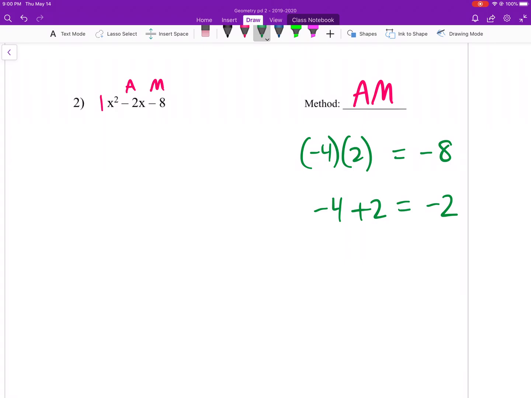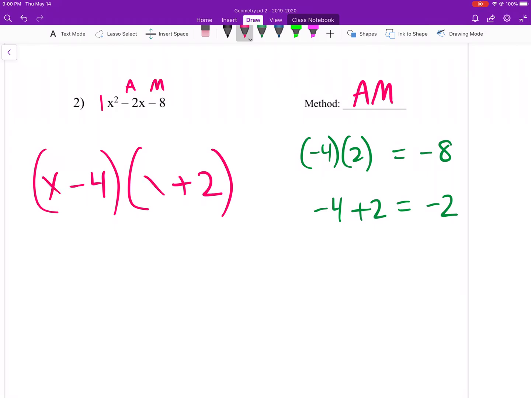So open up your parentheses again. It's going to be 2 binomials: -4 and +2. And remember, when it's AM, what we put in front is just a plain old x in both locations. Are we done? The answer is yes.